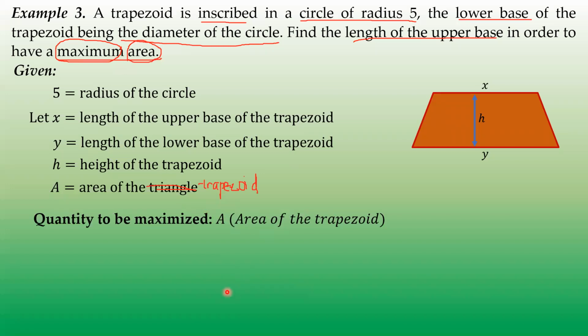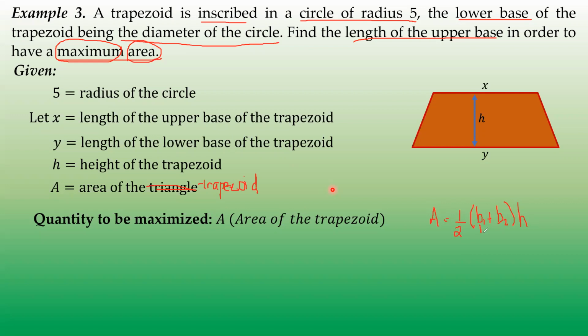Okay, ulitin natin. Now, our working equation will be the area of the trapezoid. So, ang area ng trapezoid ay equal sa 1/2 of the product of the sum of base 1 and base 2, times the height. So 1/2 times base 1 plus base 2 times the height.